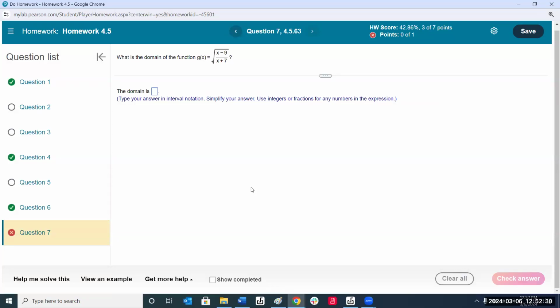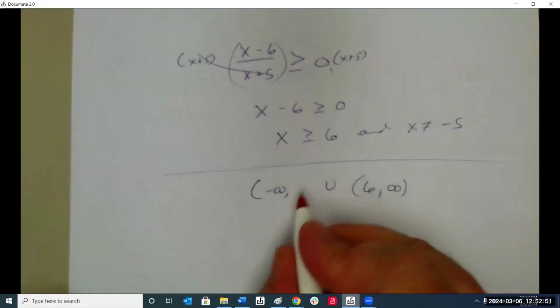Because if both the top and bottom are negative, then the answer is positive. So why would it be negative in the domain? Well, like it said, the domain would be x is 6 to infinity, negative infinity, oops, something to -5.